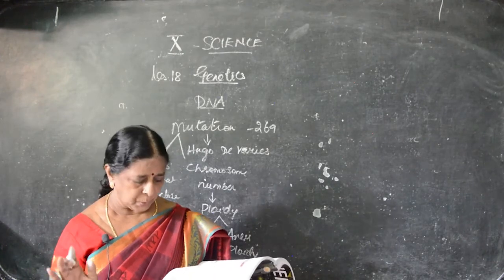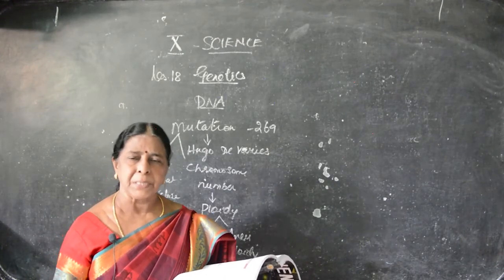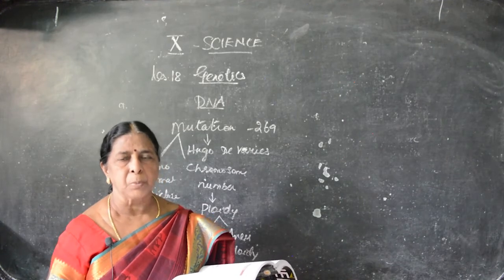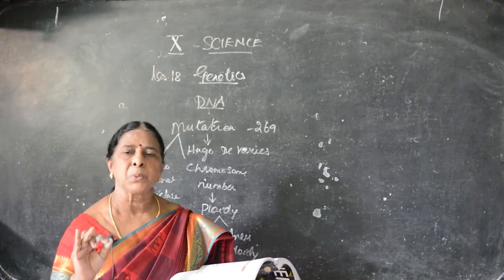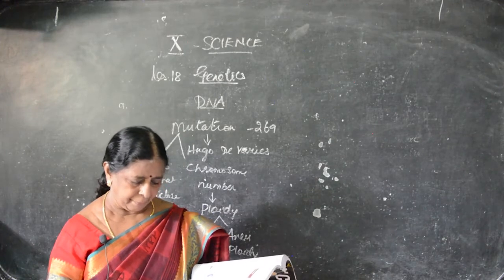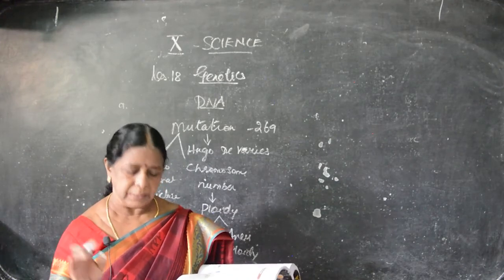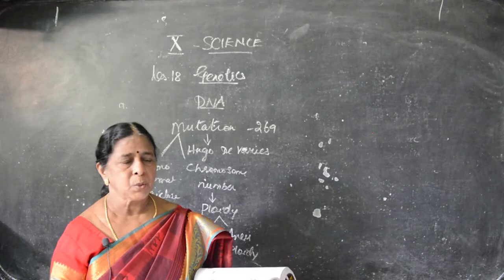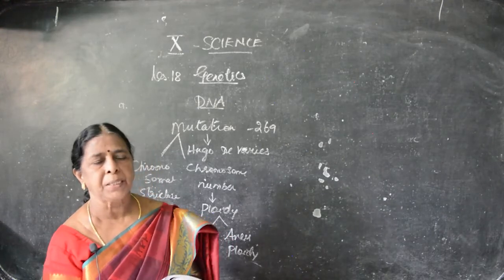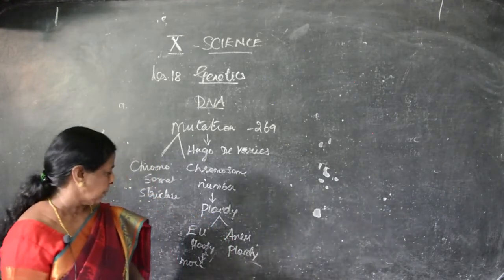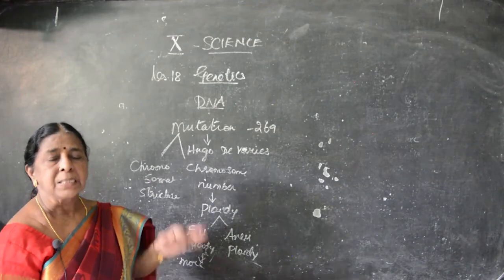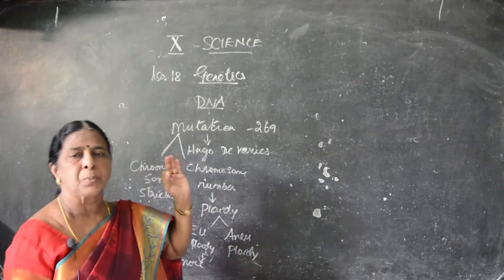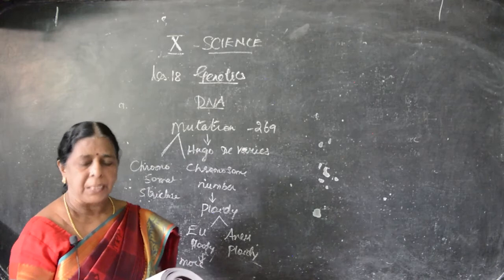Generally it is 2, so that is diploid. Sometimes, because of addition of chromosomes, they may have 3 sets, that is known as triploid, and if it has 4, that is tetraploid. Generally it will be diploid only. In some cases 3, that is triploid, and 4, tetraploid. Clear?